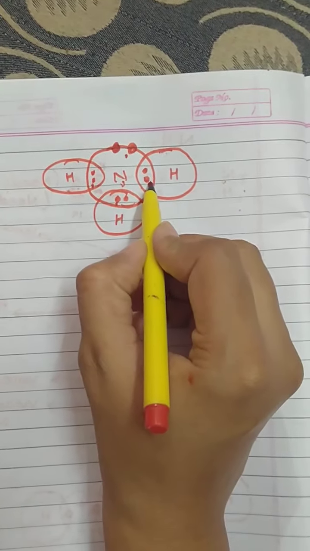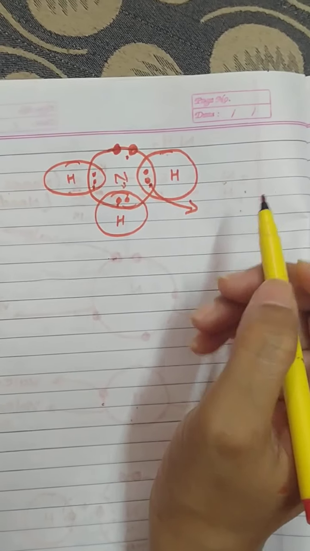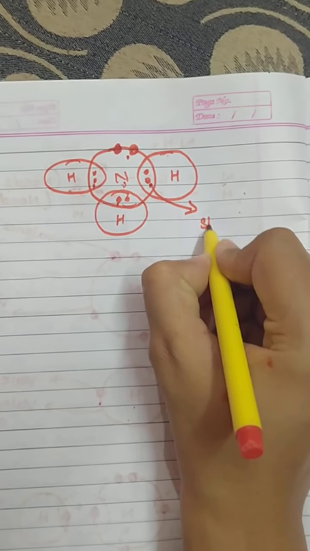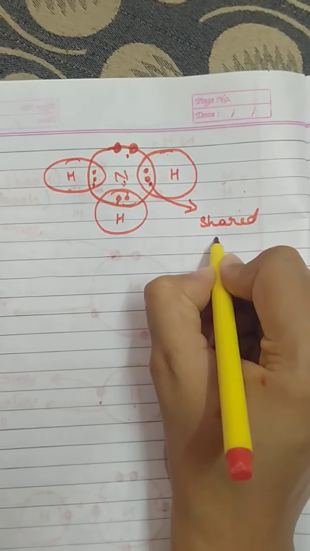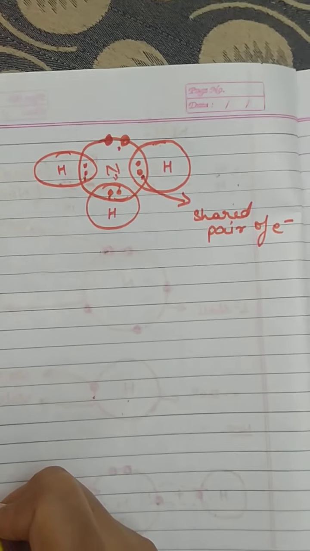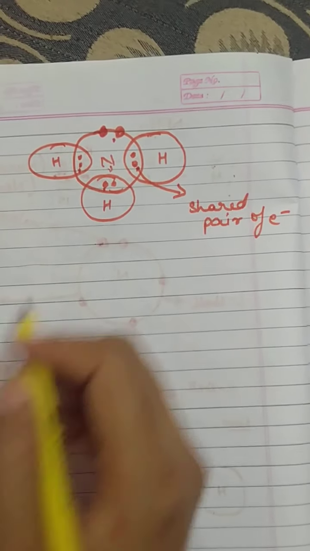Now the electrons which are shared, that means which are present in the overlapped region, are known as the shared pair of electrons. What do we call it? Shared pair of electrons.